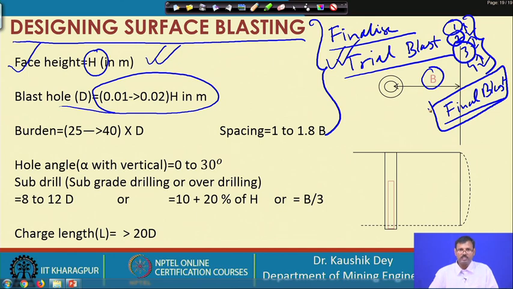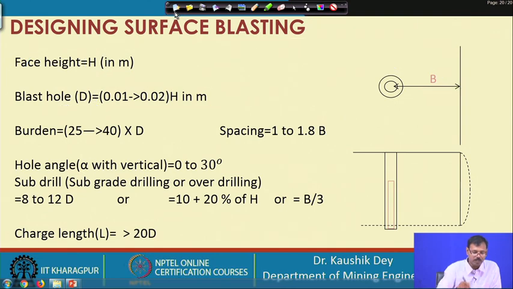We will see whether the desired blast result in terms of fragmentation, throw, muck profile, blast vibration, etc., we are achieving or not. So, the final blast design must satisfy those results, then only we will adopt that final blast design. Otherwise, we will go for more number of trial blasts.